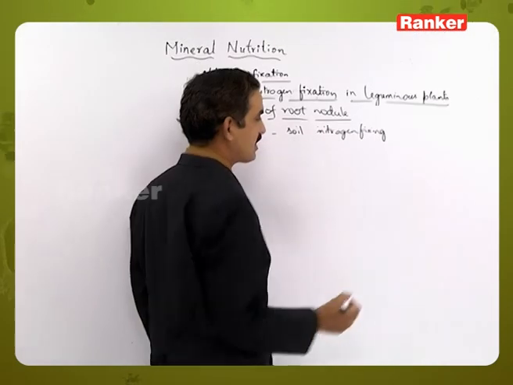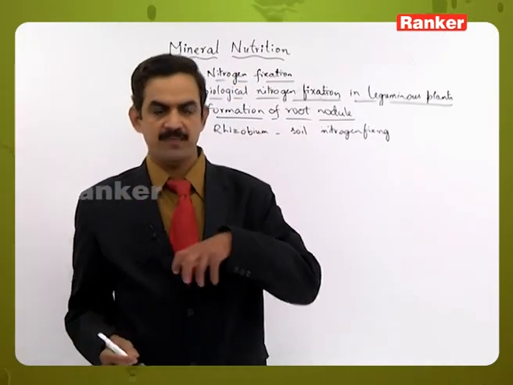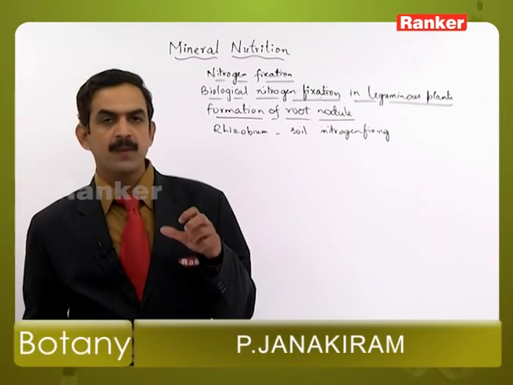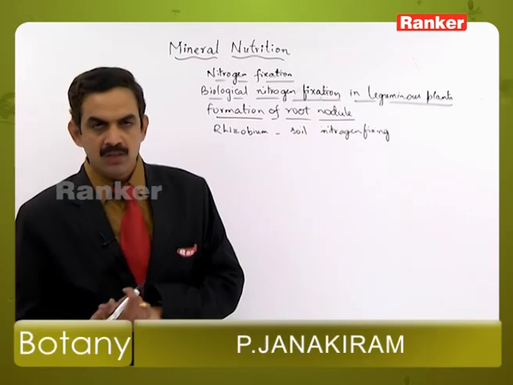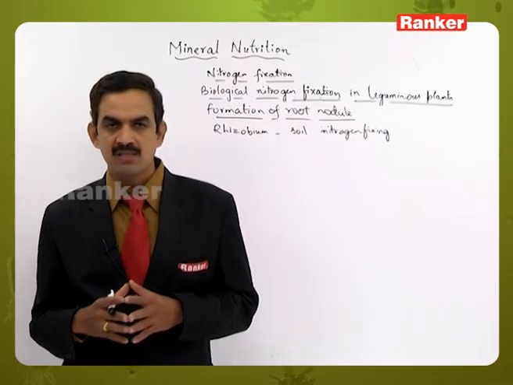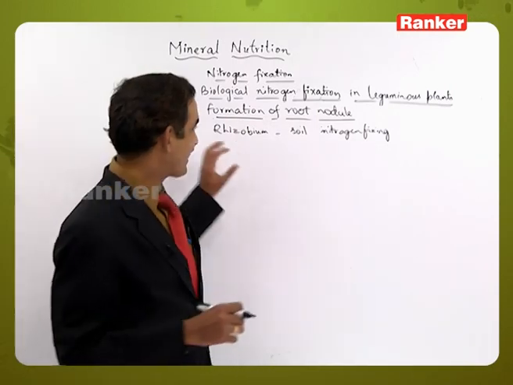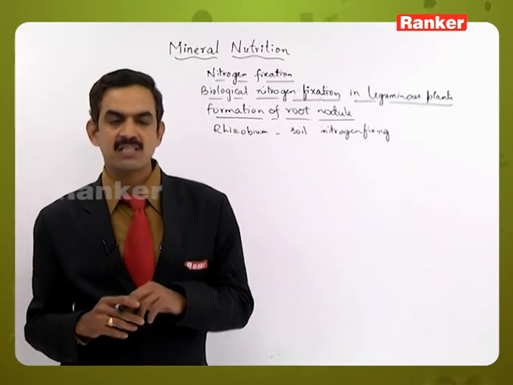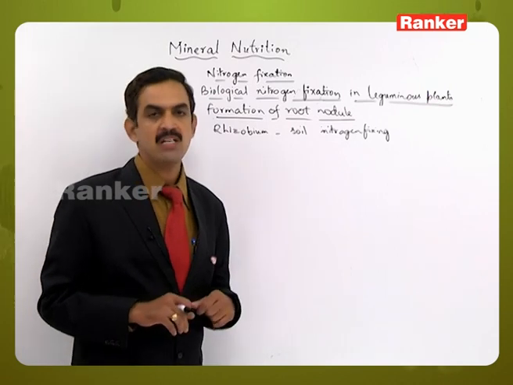This is present in the rhizosphere, that is the region around the root, and here different strains are there. So the actual strains which are concerned with the nitrogen fixation have to be attracted towards the root. Only then will the next step, that is the formation of nodule, be possible.